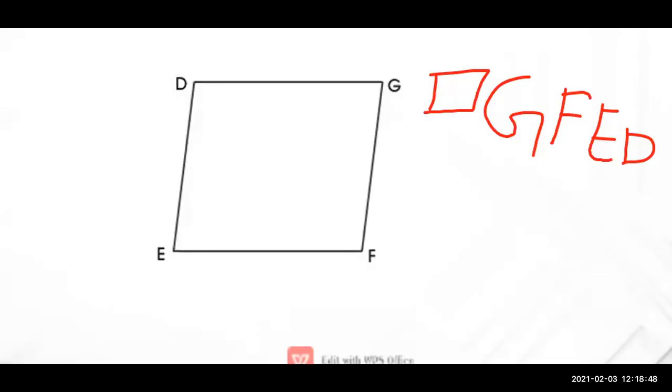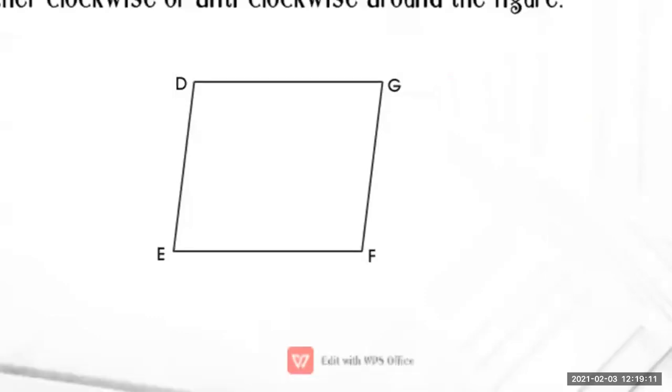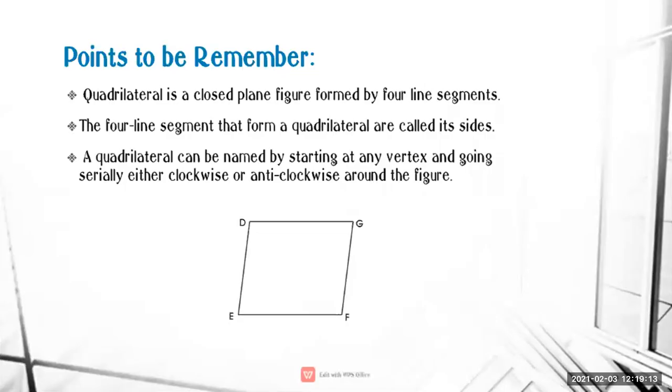So I think you have understood how to write the name of the quadrilateral clockwise as well as anti-clockwise. And you have to use the symbol of the quadrilateral, not the name of the quadrilateral. Now we will move to the next point.